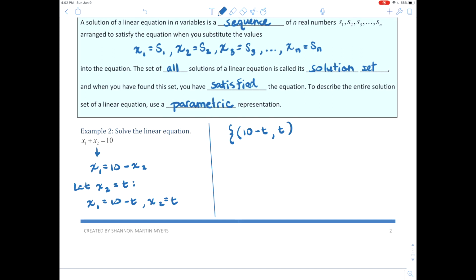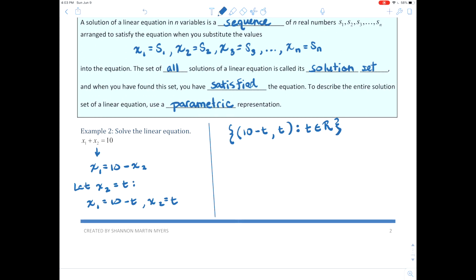So this very first part, well, let me write the whole thing. Okay, so the colon, or if you do a straight line, means such that. And then we need to describe what number set t belongs to, or if t has any other limitations, right? Well, t must be a real number because that is what we are working with. Good so far? All right, so let's kind of dissect what's going on.